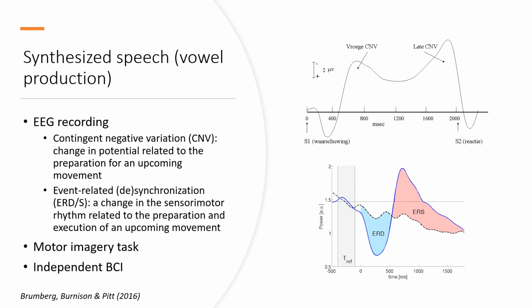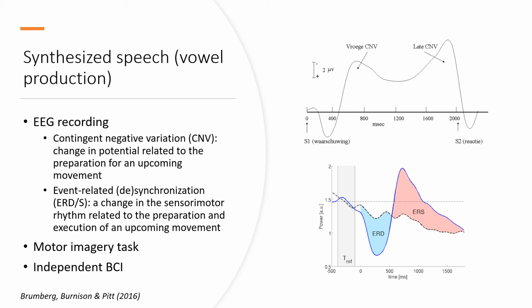To determine the type of vowel that needs to be produced, this study by Brumberg, Bernison, and Pitt used two types of signal features of EEG recordings. The first one is contingent negative variation, and this is the change in potential that is related to the preparation for an upcoming movement.